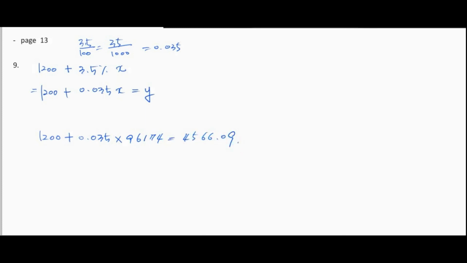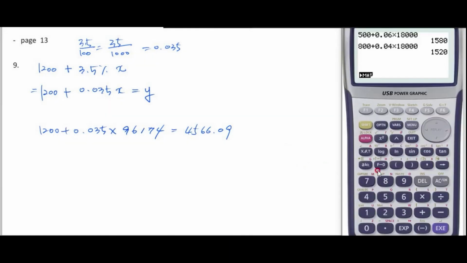Now let's go to the calculator. First write the 1,200 and plus 0.035 multiplied by 96174, and this equals 4,566.09. I guess Leah is receiving the correct salary.